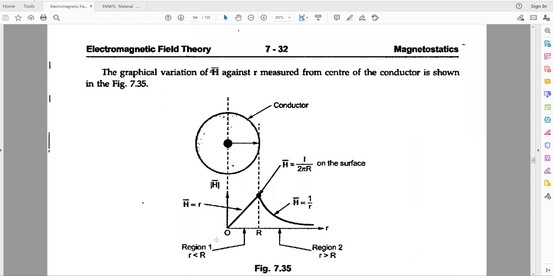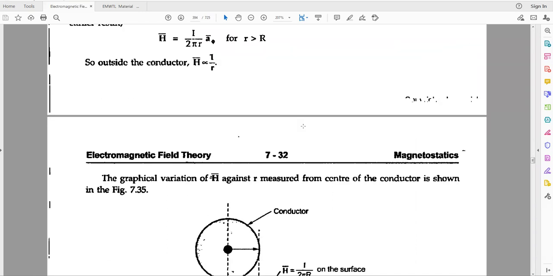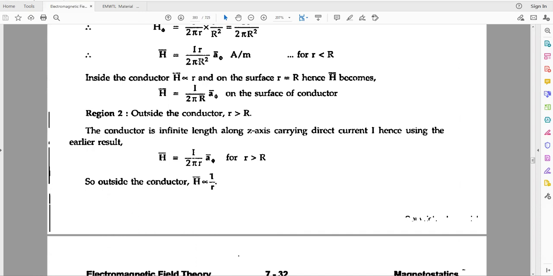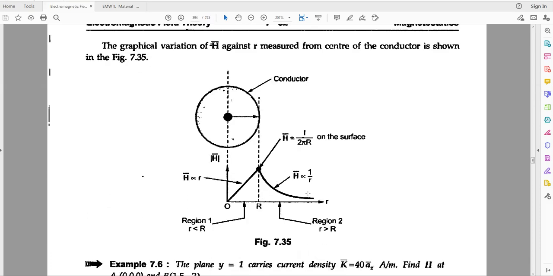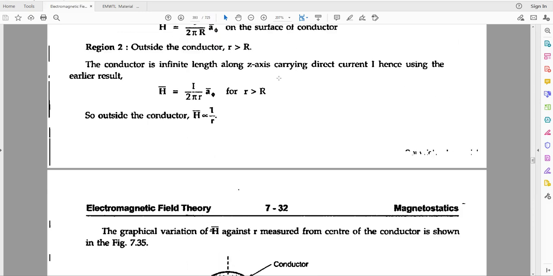So now I can draw from below R, the r is increasing. Why? Because the r is in the numerator. Slowly, if r increases, H bar also increases. And above R, it decreases. Inside, H bar is proportional to r.